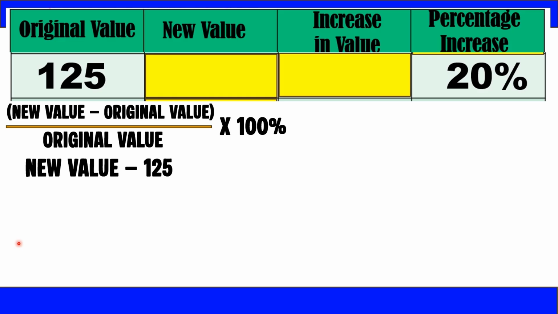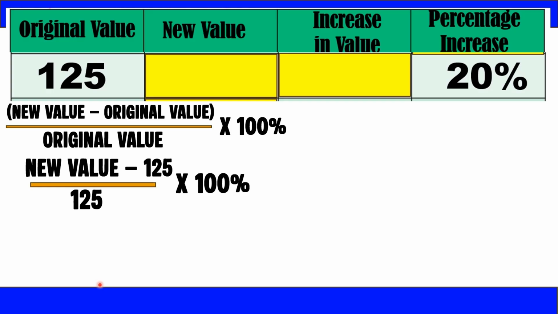Okay, so let's try using the given formula. New value is unknown, minus the original value, which is 125, divided by the original value, which is 125, times 100. So we cannot use this formula in finding the new value and increase in value.